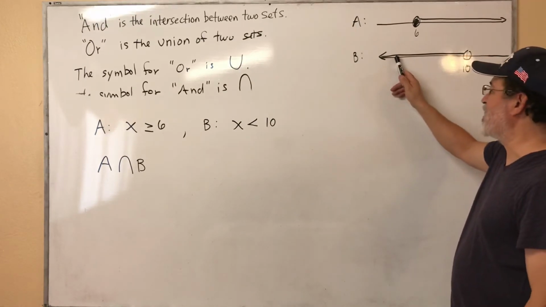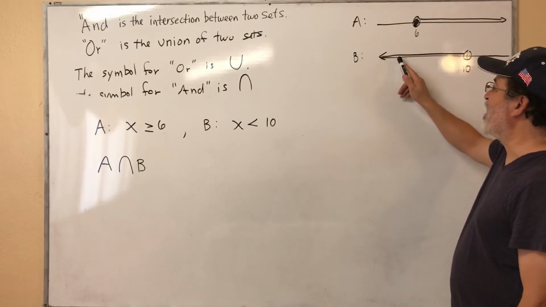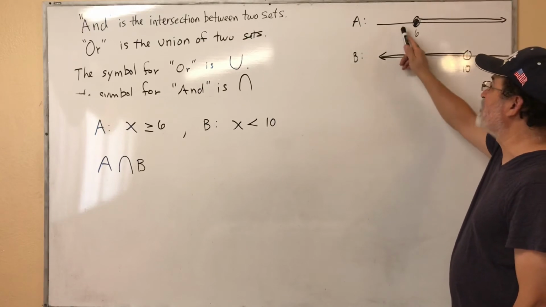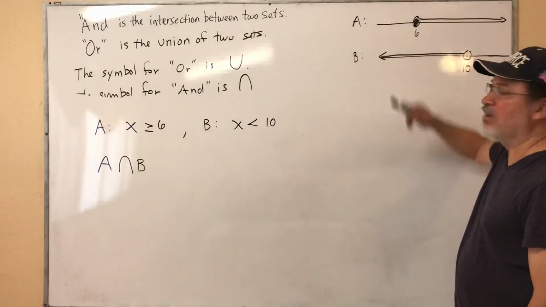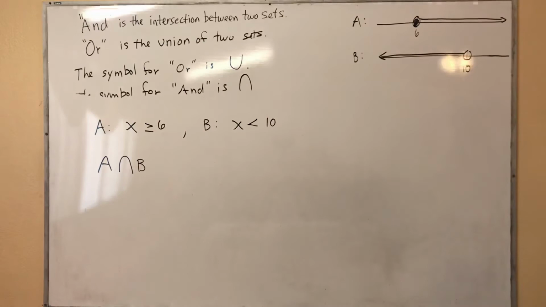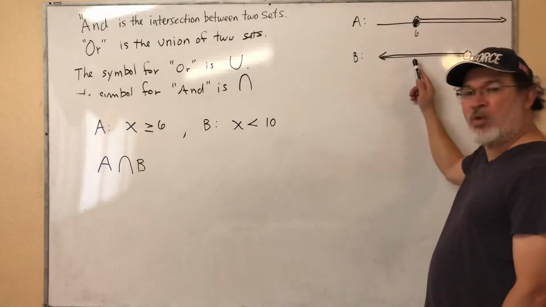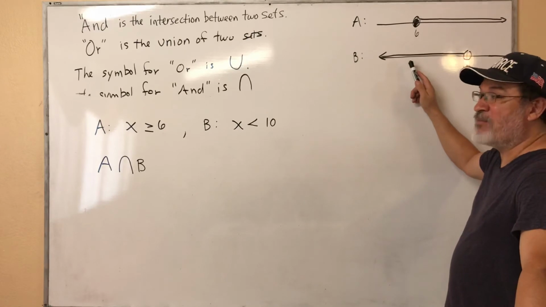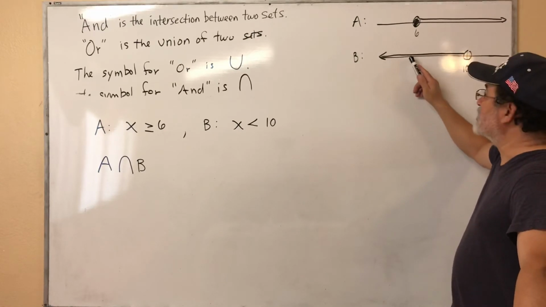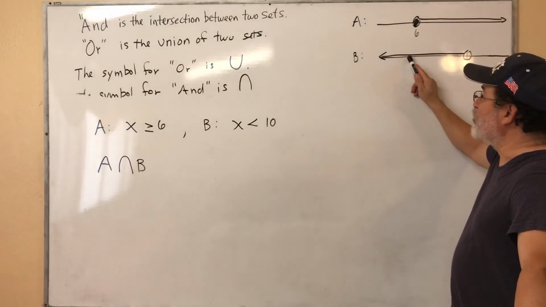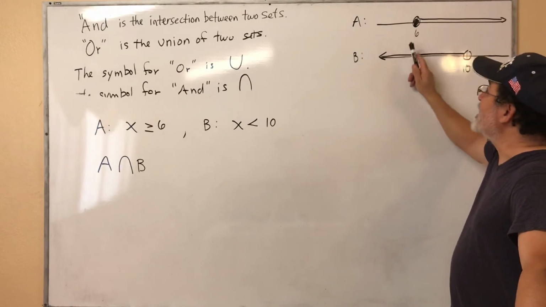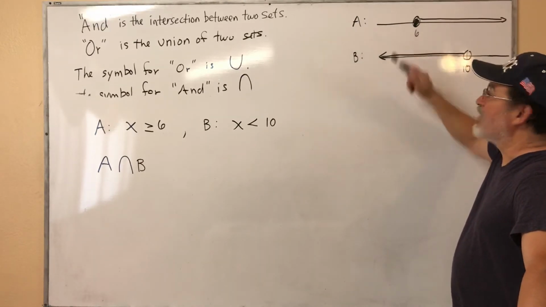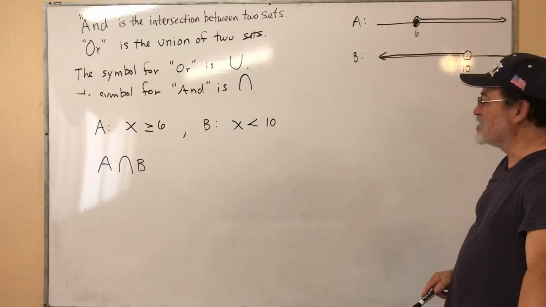No, 5 is not in common because 5 is shaded here, but 5 is not shaded there. Do they have 5.9 in common? No, 5.9 is not common to both because although it is shaded here, it is not shaded there.